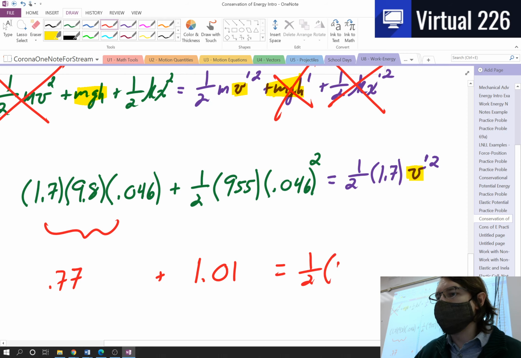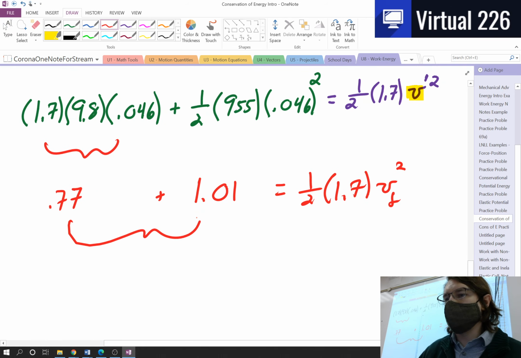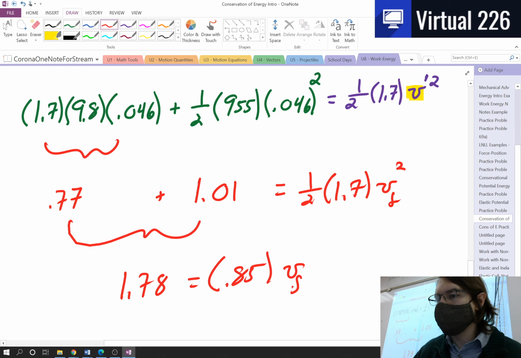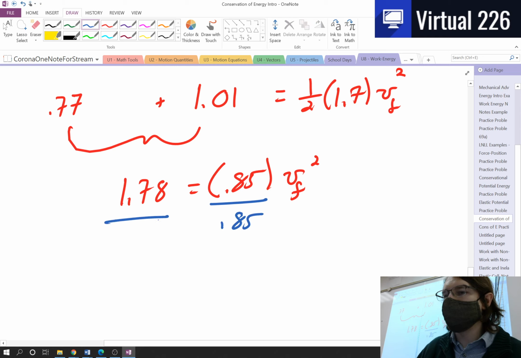That's going to equal 1/2 of 1.7 vf squared. If I add the 1.01 and the 0.77 together, I get 1.78. And this equals, if I put the 1/2 and the 1.7 together, I get 0.85. And then if we want to get this vf by itself, we divide by 0.85.